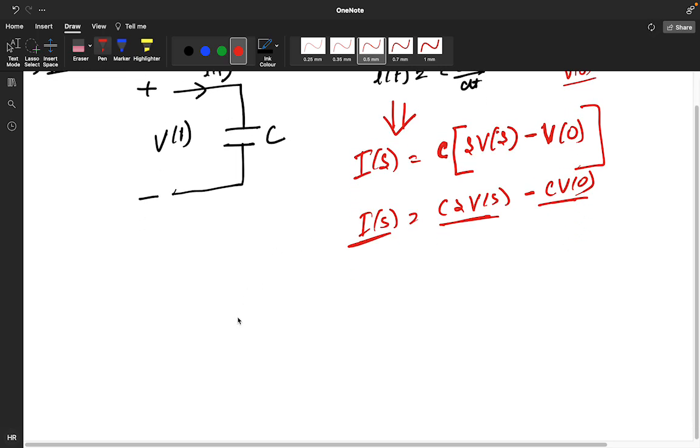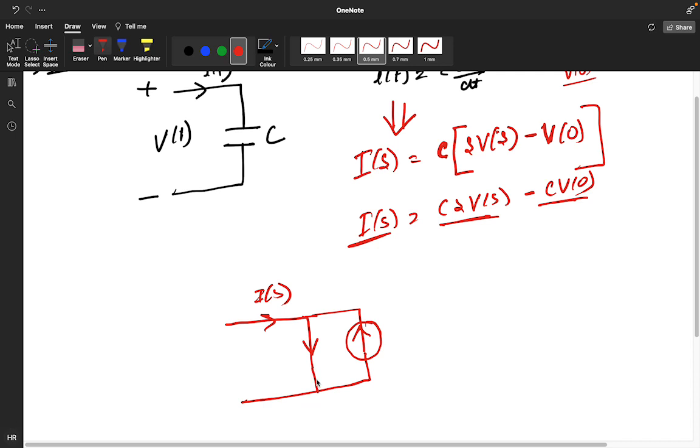So how can we represent this? I am getting a current source of I of S, and one current is going and one current is coming, so that the result gets the negative. I am making this as a current source, and here the voltage is positive and negative, V of S, so the voltage will be V of S only.